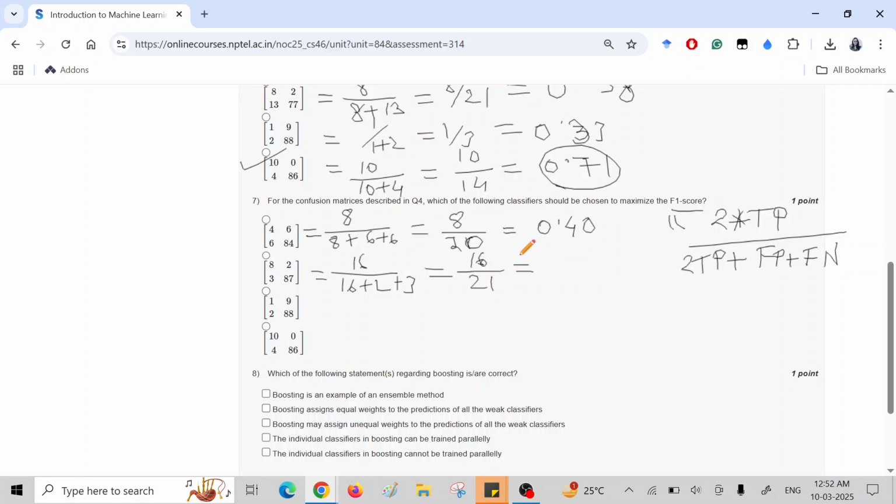The denominator is 21 and the numerator is double that of the first option, so it comes down as 0.76.